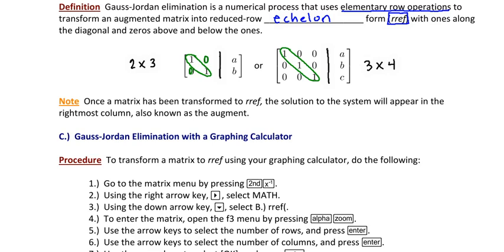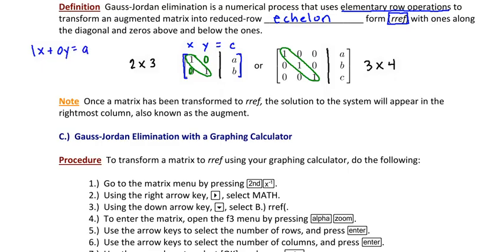So to show you how this works, let's look at our 2 by 3 matrix here, and let's translate this back into algebra. Remember, column 1 contains coefficients of x, column 2 contains coefficients of y, the vertical bar is the equals, and we have constants on this side. So if I translate that back into an equation, that would be 1x plus 0y equals some number a.